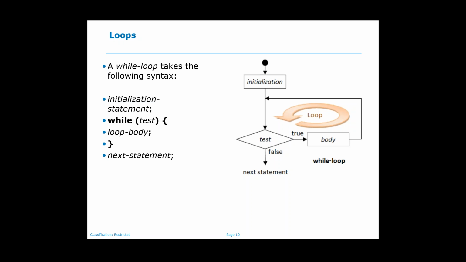Before anything executes inside the while loop, we should first check the condition of the while, whether it is going to satisfy that condition. Then only are we going to allow the control to enter inside the while loop to execute the statements. Otherwise we are not allowing the control to enter the while loop. The control will automatically jump to the next statement.